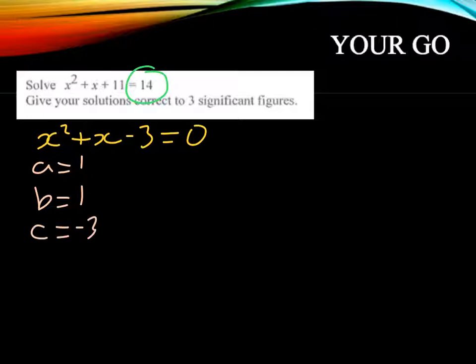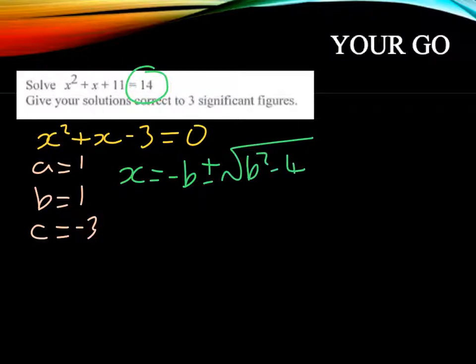Start to substitute these values in now. So I end up with x equals minus b plus and minus the square root of b squared minus 4ac, all divided by 2a.